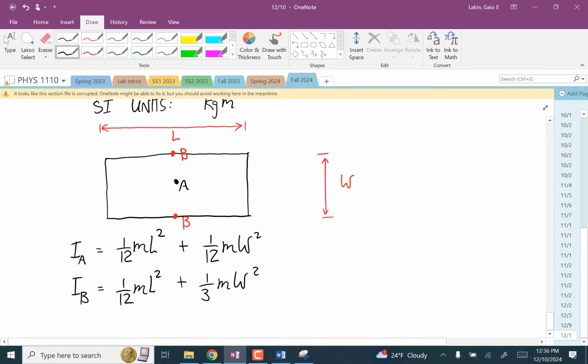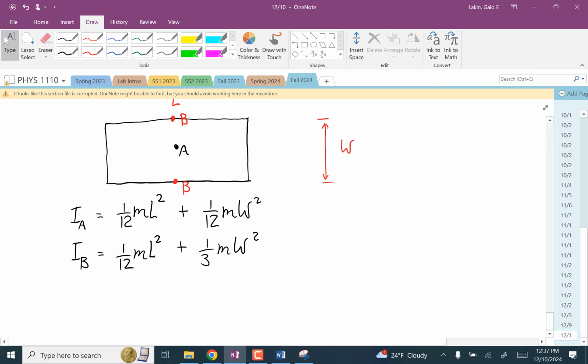And what I want you to notice as I go through these is the coefficient is always going to be 1/12 for the side where you're in the center. So in this case of B, we're in the center of the long dimension, but we're at the edge of the short dimension. So the 1/12 is for the long dimension, and the 1/3 is for the short dimension.